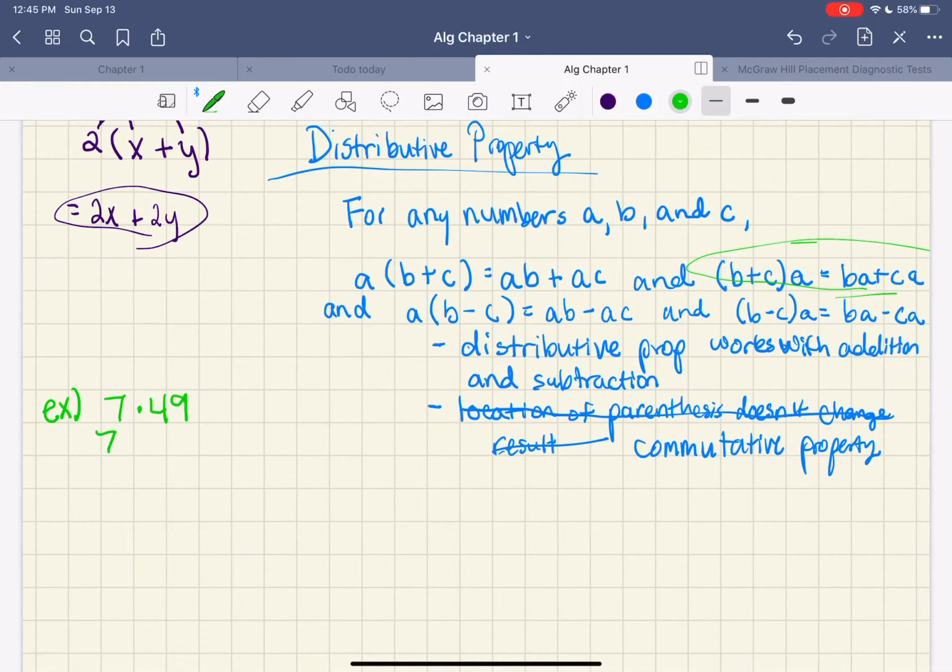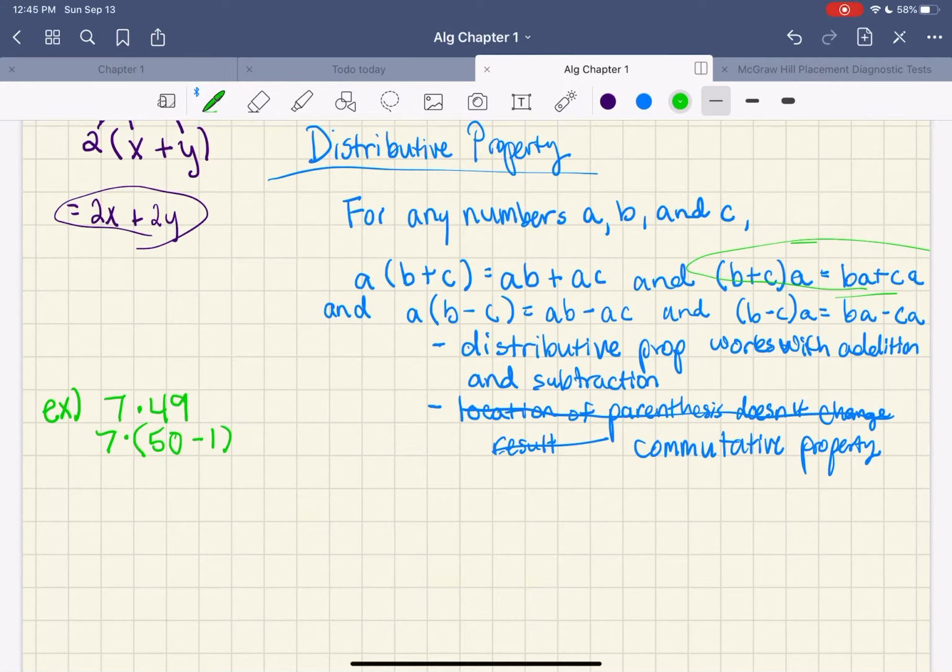What if I rewrite that as 7 times 50 minus 1? And you might be thinking, what? Why would you do that? Well, 7 times 50 is a lot nicer than 7 times 49. And 7 times 1 is also pretty easy.